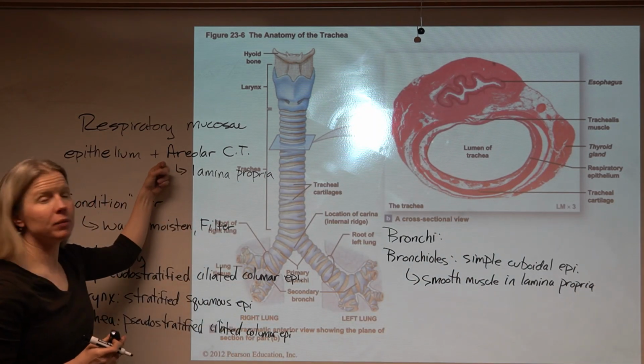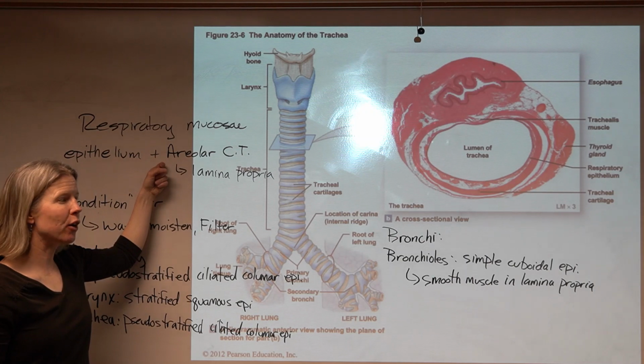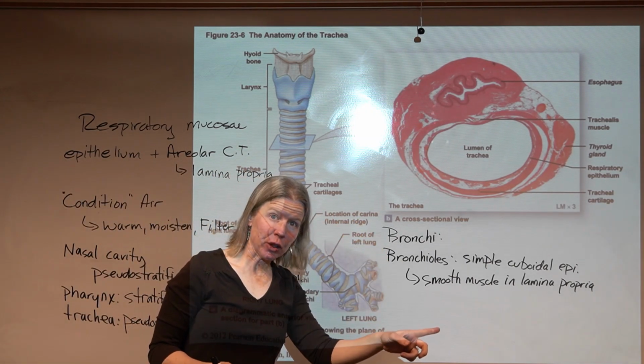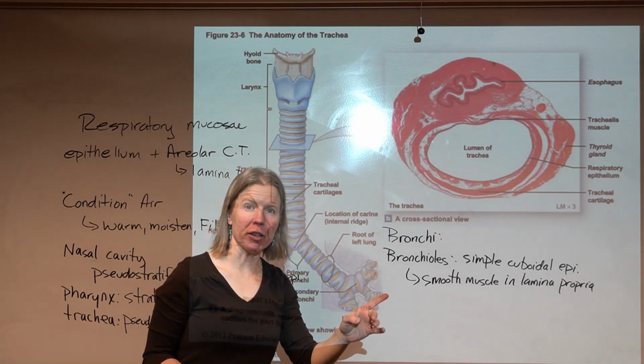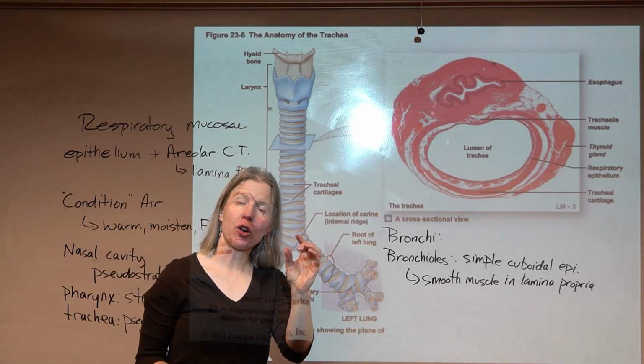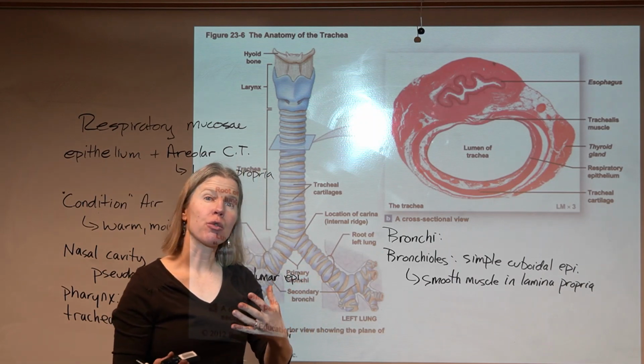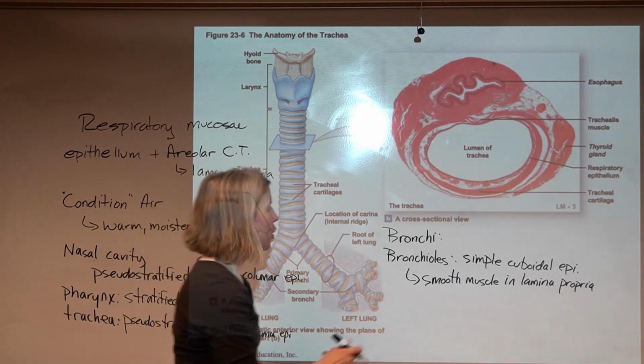Right, in our areolar connective tissue layer. Now, the bronchioles then are very much like arterioles in the vascular system. This is going to be the region that determines how open or closed the airway is to certain regions of the lung, right?